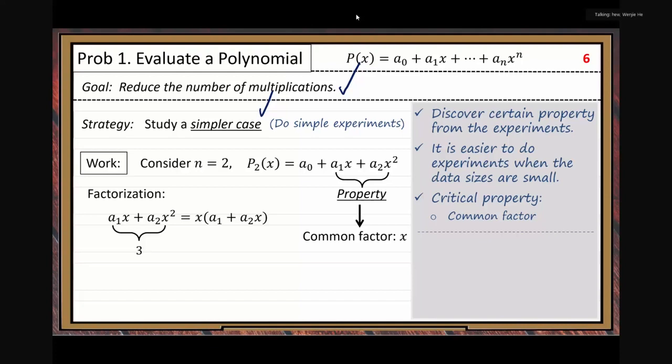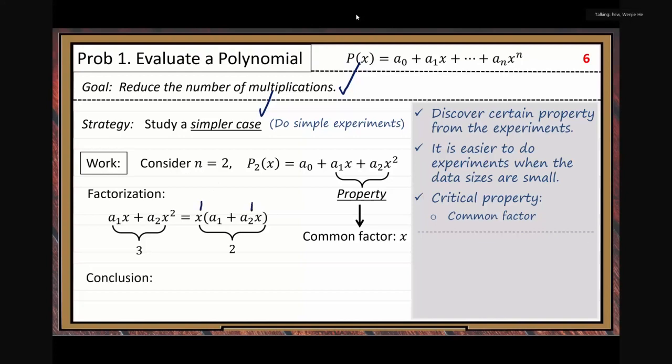In the new structure, it is 2. There is one between A2 and x, and one between x and the second pair of parentheses. So 1 plus 1 is 2.